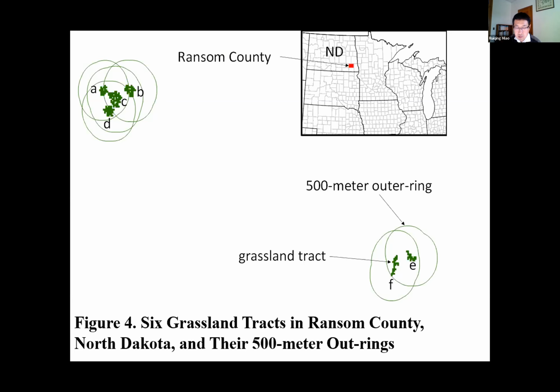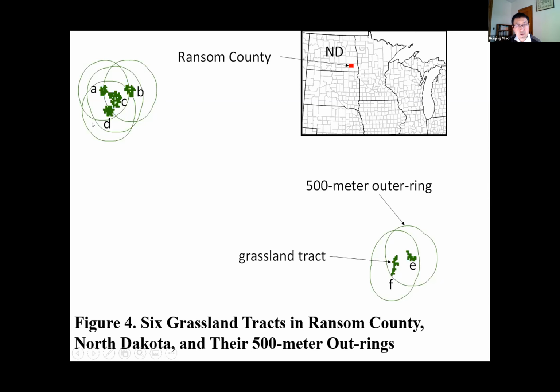We identify 6 grassland tracts in Ransom County, North Dakota. This county is in the Western Corn Belt region, where grassland-to-cropland conversion activity has been high. So we choose these 6 tracts.